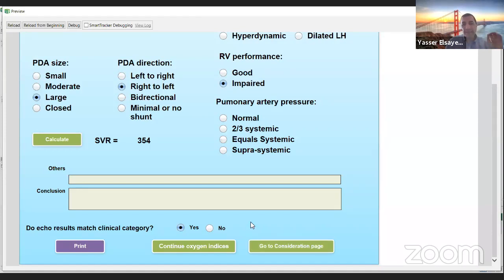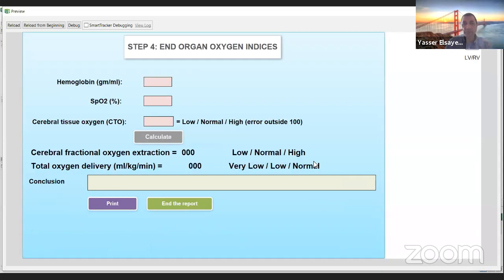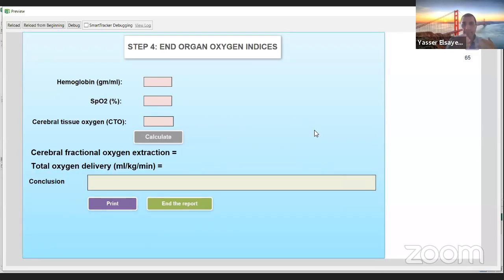So in this case, we also consider oxygenation. If you have near-infrared spectroscopy, I'll show you the part of the software. If you have NIRS, you need to enter the hemoglobin, and in this case you need to enter it as gram per ml to calculate the cardiac output. So you have 120 milligram per deciliter, make it 0.12. And oxygen saturation was 95.